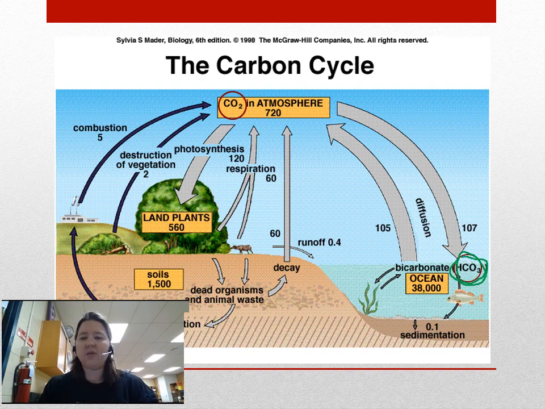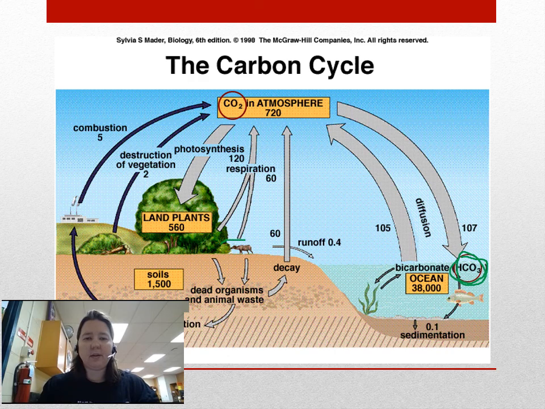It actually increases ocean acidification and makes problems for animals. So we're going to talk about that a little bit later this year. We have all sorts of different pieces to this carbon cycle puzzle. We are a piece of it.